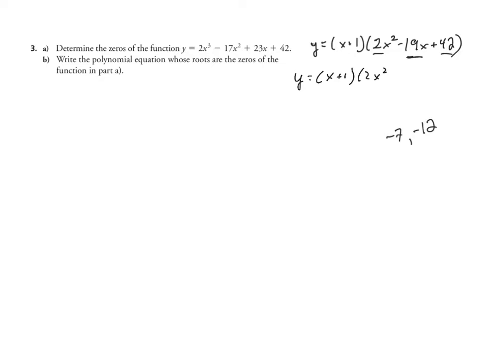I'm going to break this negative 19 into negative 7x and negative 12x, so plus 42. There's an x in both of these: 2x minus 7. And there is a 6 in both of these, so minus 6.